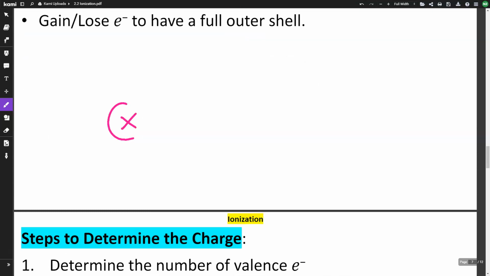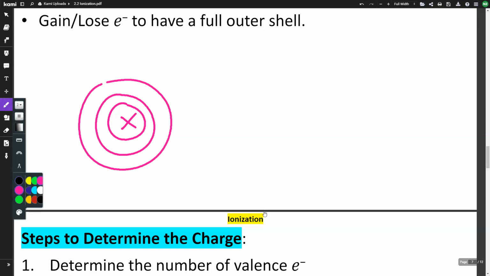So let me just draw an atom here. Do it with 3. And then let's fill this in. So here's our first one, our second one. Okay, and then I said we had 3. So let's fill these in. 1, 2, 3. Okay, and our goal is to have a full outer shell.